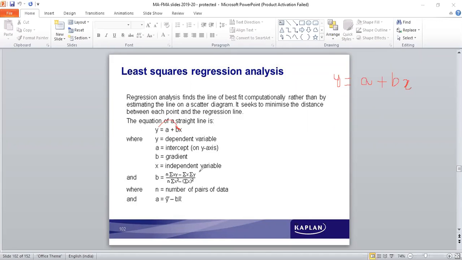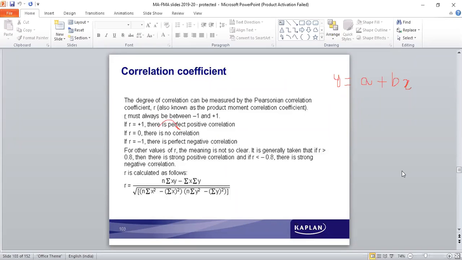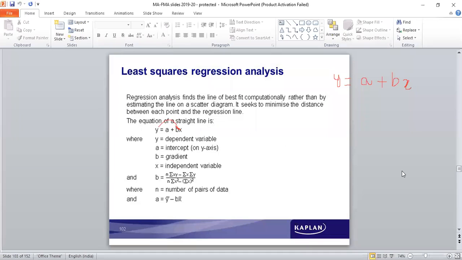So depending on this, how do we calculate the value of A, the value of B? After we calculate A and B, substitute in the equation so that Y can be calculated. That is regression analysis.